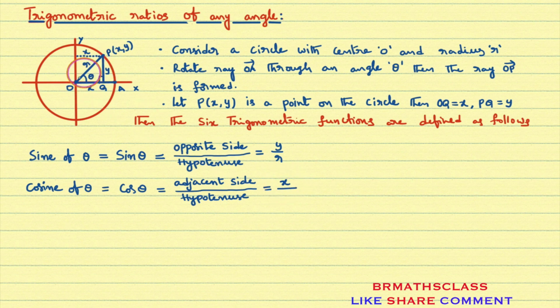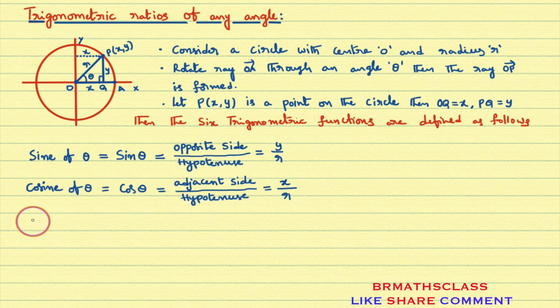Hypotenuse is the side opposite to 90 degrees, which is OP, and OP is R. So cos theta is defined as adjacent side by hypotenuse. This formula works only in a right angle triangle, and it can also be written as x divided by r. This formula works for any angle theta.